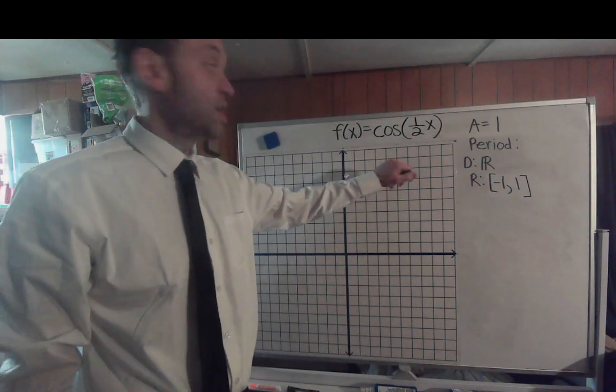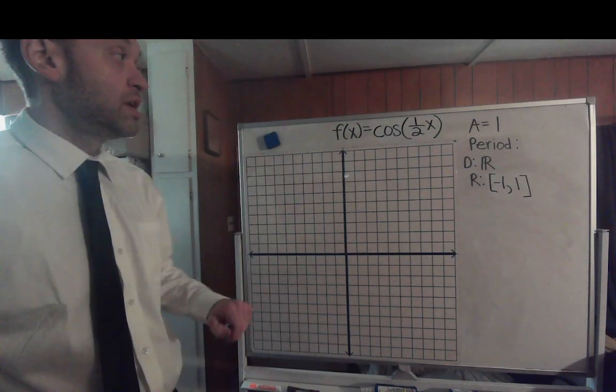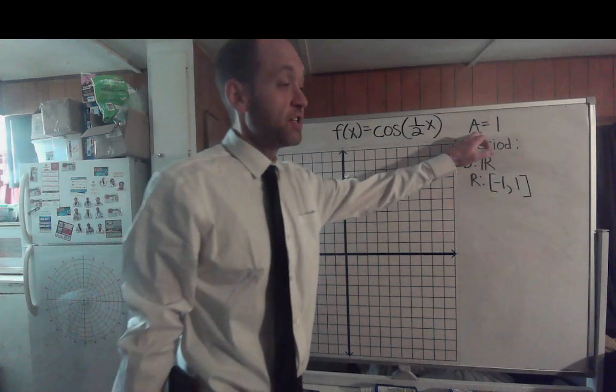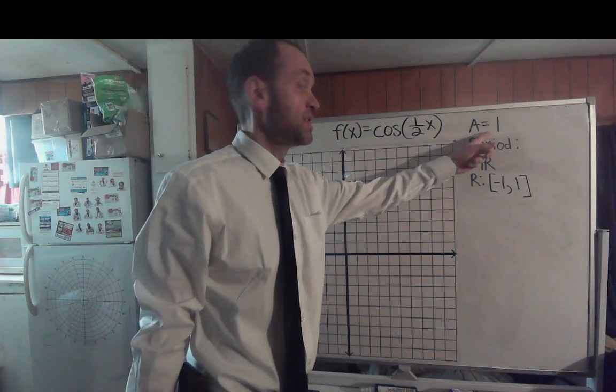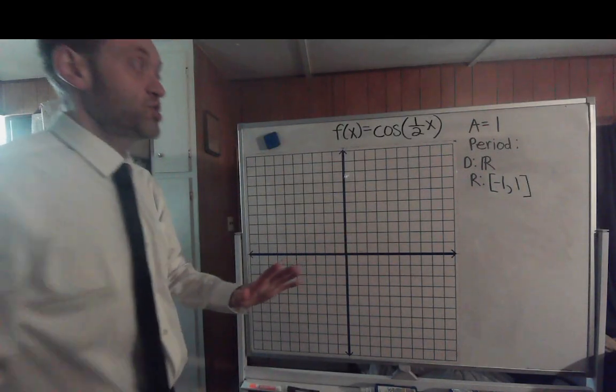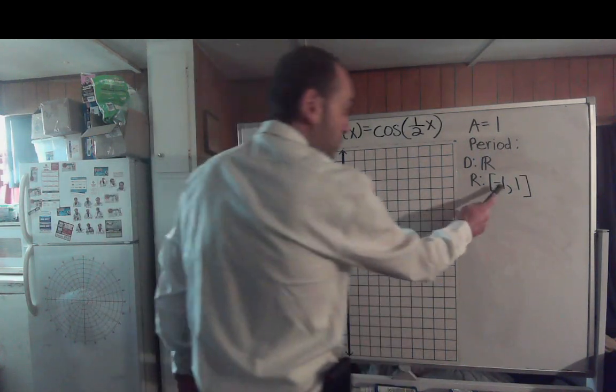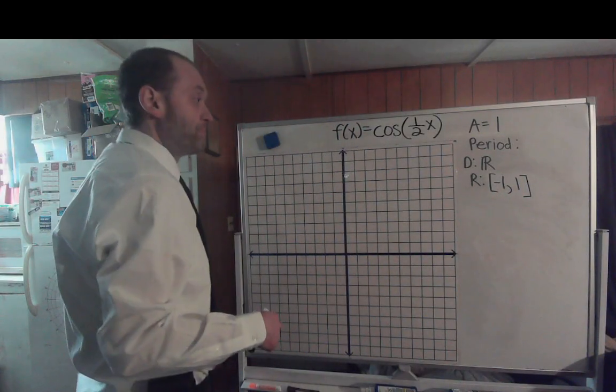The coefficient on x is 1/2. Well, let's look at the amplitude. Coefficient on cosine is still 1. The absolute value of 1 is still 1. So our amplitude hasn't changed. That means our range stays the same, from -1 to +1.